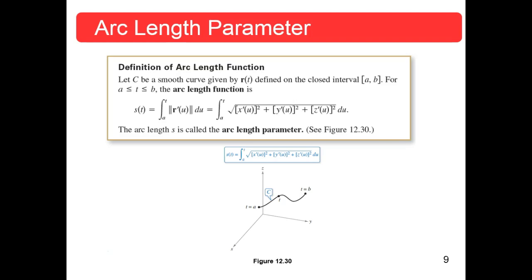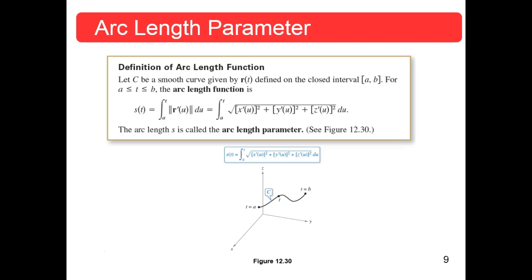If t is equal to a, that's going to be 0, okay? And if t is equal to b, that's just going to be the arc length from a to b. But if t is anywhere in between, this is going to be the arc length as a function for how far you are between a and b. That's what the t is. And it's the same as before. The magnitude of your r prime of u du.